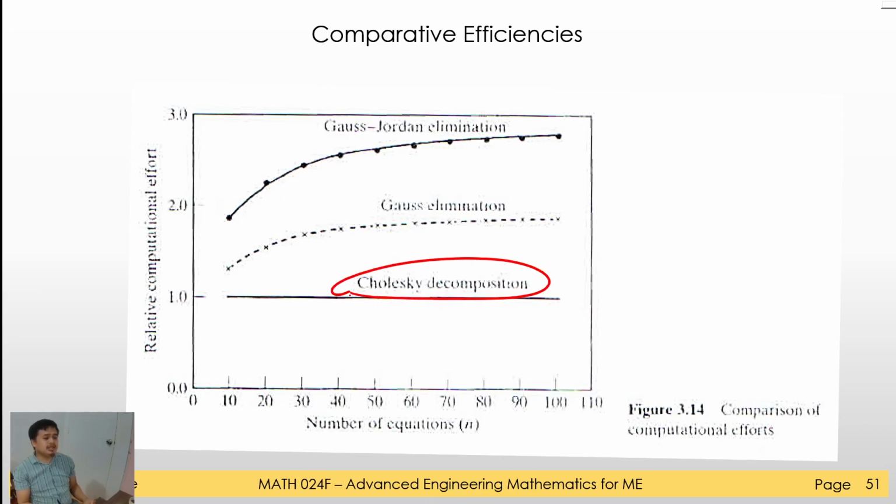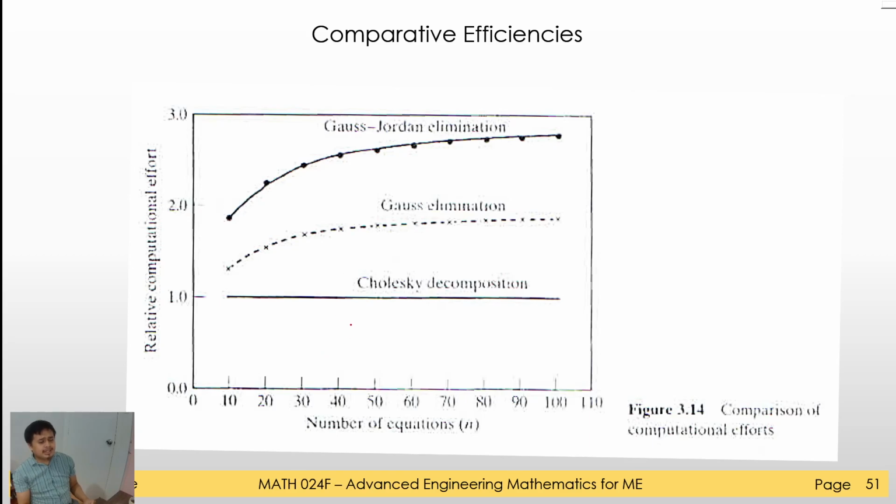But usually, matrices aren't symmetric in nature. So the best bet to use is still Gaussian elimination. The computational effort flattens out as we increase the number of equations.